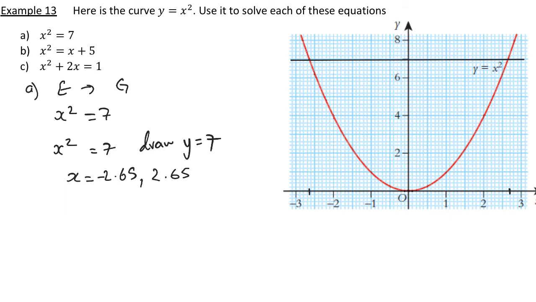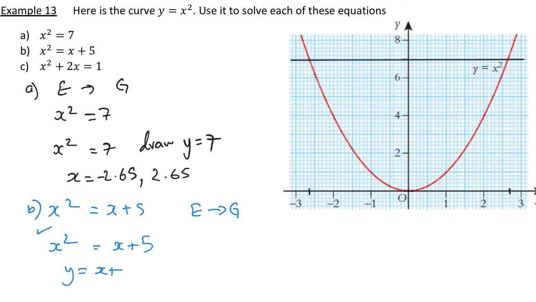Part B, we've got x squared equals x plus 5. We have to get the equation to the graph. So the graph is x squared. They actually match up, so all we need to do is draw the graph of x plus 5.